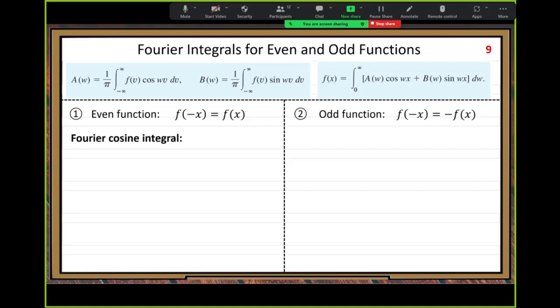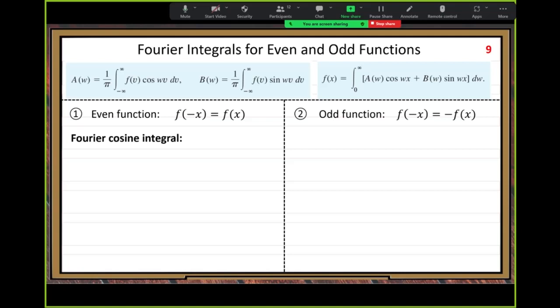Now let's look at the Fourier cosine integral. Look at the A coefficient representation and the B coefficient representation. For B, when f is an even function, sine is an odd function, right?